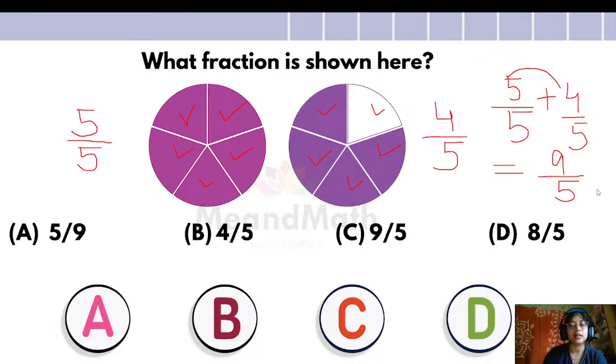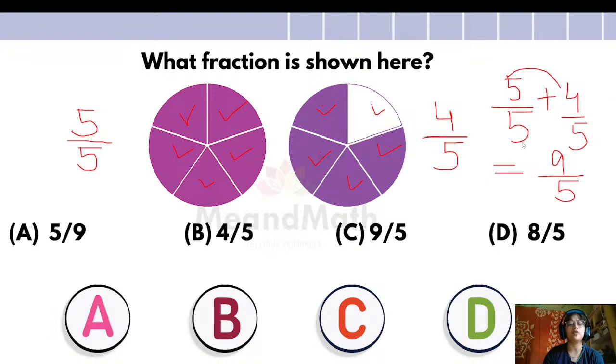So the answer to this is 9 by 5. Yes, correct. All of you are giving the answers. Good, very good. Yes, it is C. Yes, Satvik, it is C. So 9 by 5, which is C, that is the correct option.